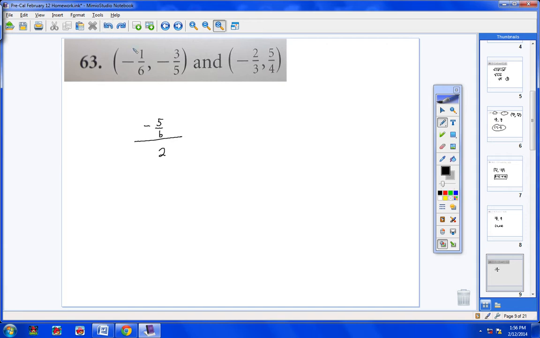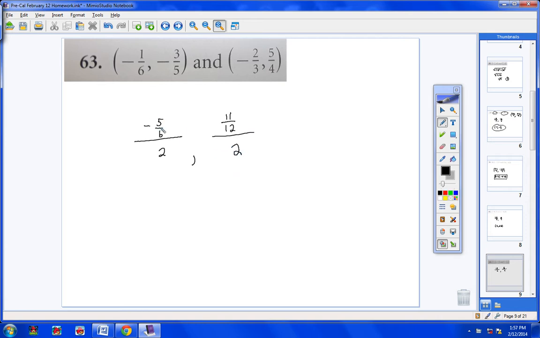Okay, moving on to the y plus y, we have a negative 3/5 plus 5/4. If you add these two numbers together correctly, you will get a positive 11/12. And again, if you struggle with fractions, use your ABC button on your calculator, or your fraction button on your calculator.